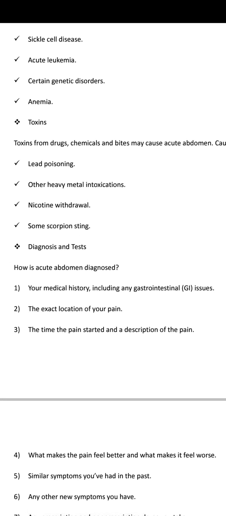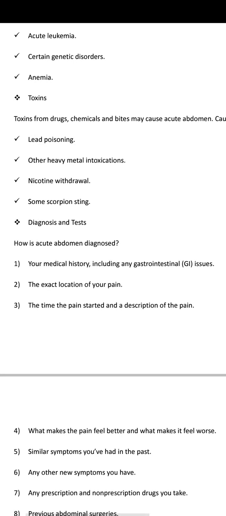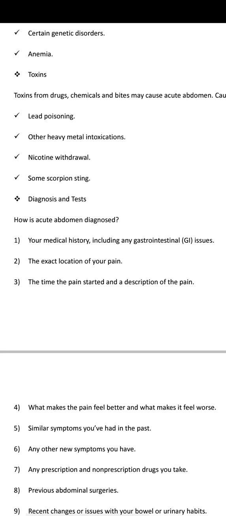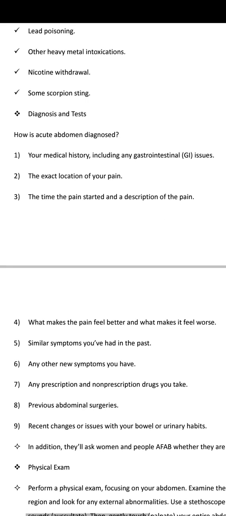So, how is acute abdomen diagnosed? Acute abdomen is diagnosed via your medical history. So, you need to take history from the patient. Then you need to also make sure you know the exact location of the pain.